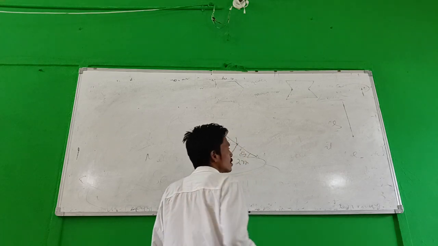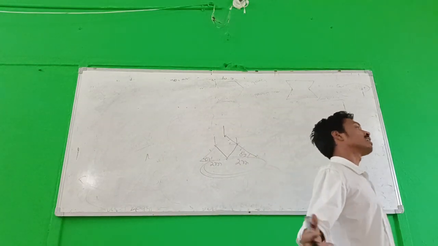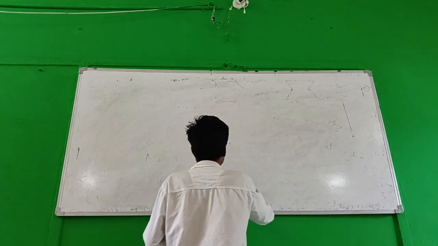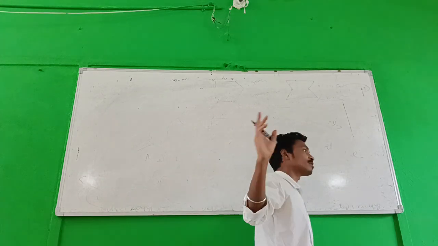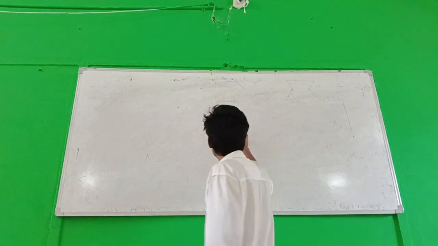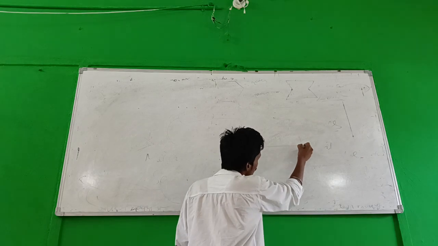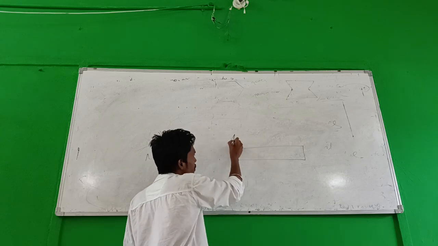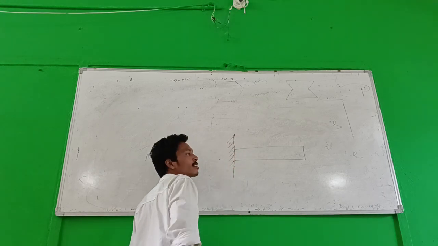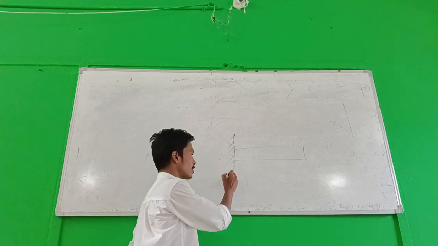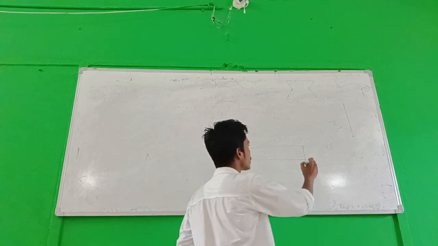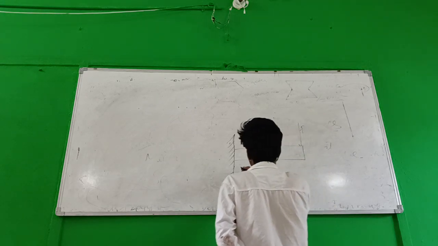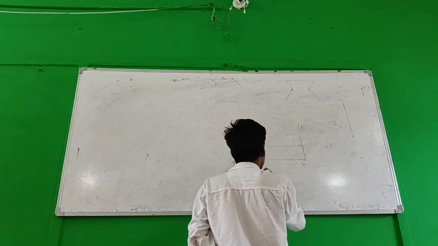I am giving you another, easy example. Maybe you have studied it in your 12th. This is a cantilever beam. There is a force F, and this distance is 2 meters.